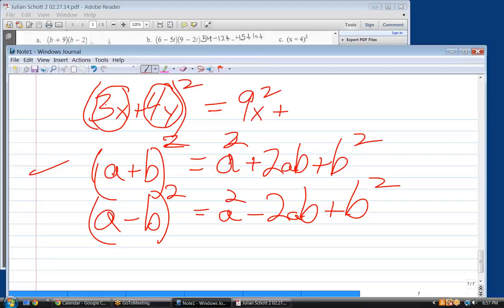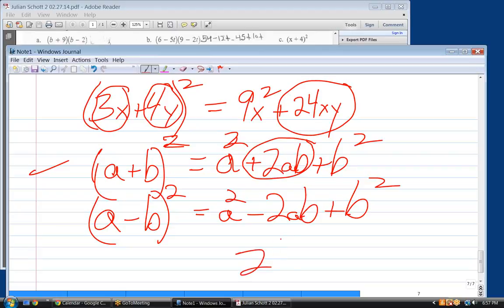Well, first of all, what's 2 times 3 times 4? 2 times 3 is 6. 6 times 4 is 24. XY. In other words, this term right there is 2 times A times B. A is 3x, B is 4y. So if we multiply 2 times 3x times 4y, we get 24xy.